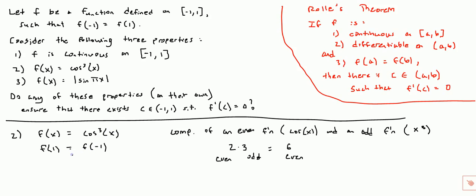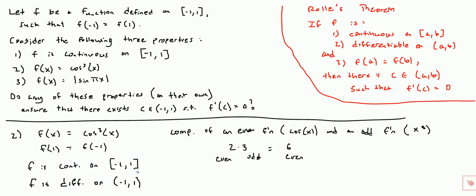Now we need to check if it's continuous. For cosine cubed of x, there are no problems with this function. There are no kinks, no holes, no discontinuities. So f is continuous on the closed interval -1 to 1, and f is differentiable on the open interval.